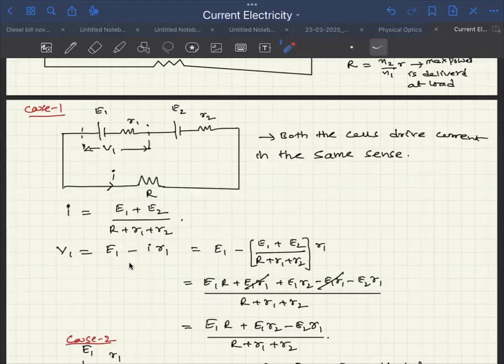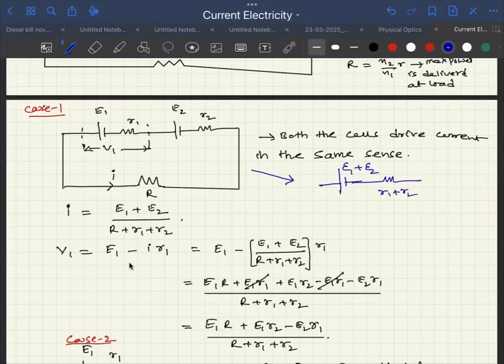In that case, the effective EMF gets added, E1 plus E2. Of course, the path is the same, R1 plus R2, small r1 plus small r2. So this is equivalent to a single cell of EMF E1 plus E2 and internal resistance R1 plus R2 connected to the load capital R. So what is the current?